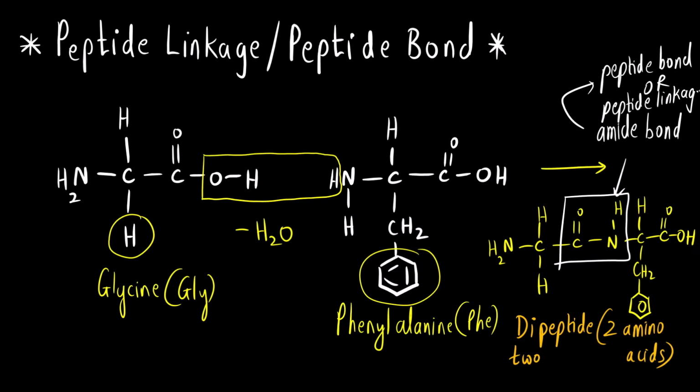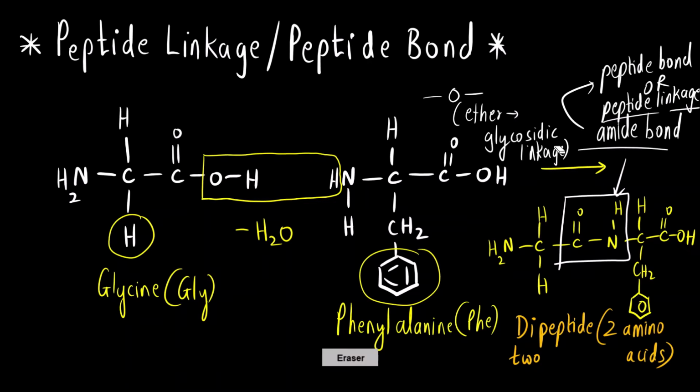Here in amino acids we have amide bonds or peptide linkages. In sugars we will see it has an ether linkage, which is called a glycosidic bond, or glycosidic linkage. That we'll see later on. Here in proteins, we call it a peptide linkage or peptide bond.